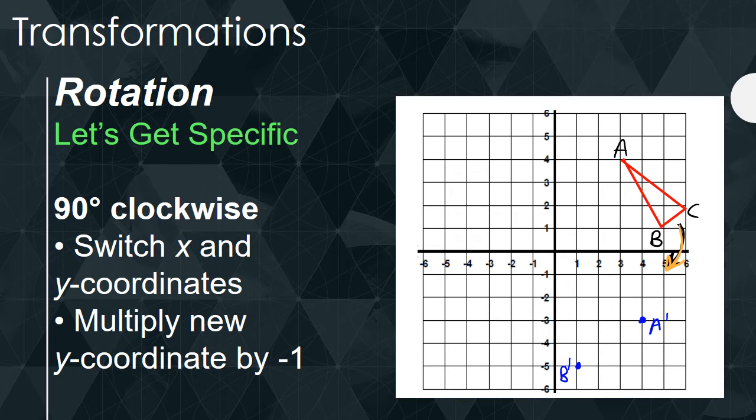It's going to be to the right 2 and then down to -6. So C prime, and let's connect our dots and make our triangle. So you can see here that we rotated this triangle 90 degrees around the origin clockwise, and it gives us our new image here, our rotated image.